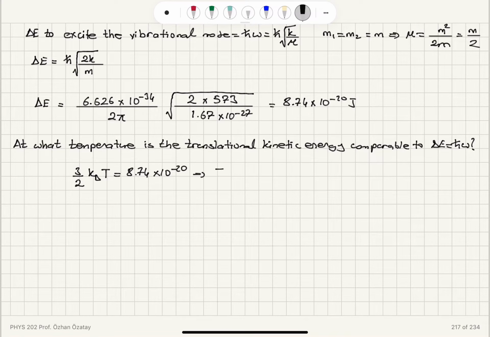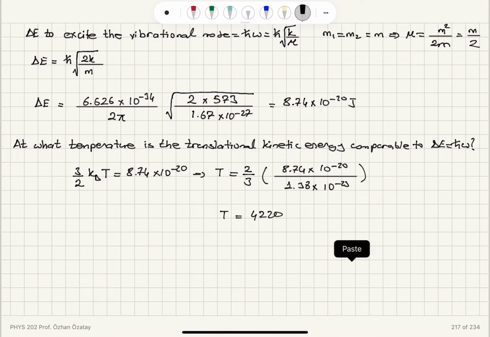This gives me a temperature of 2 over 3 times 8.74 times 10 to minus 20 divided by 1.38, the Boltzmann constant, 10 to minus 23. This gives me a temperature of 4220 Kelvin.